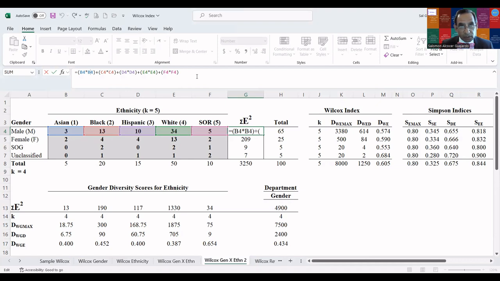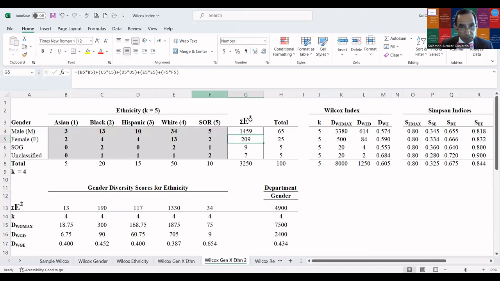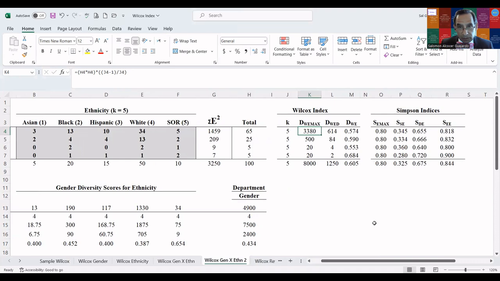When I sum the squared products of the frequencies for the males, that gives me 1450. Then there's a total of 65 males in this organization. The number of groups is K. To calculate the maximum Wilcox score, it's going to be the total workforce, in this case 65 times 65, so that's N squared.